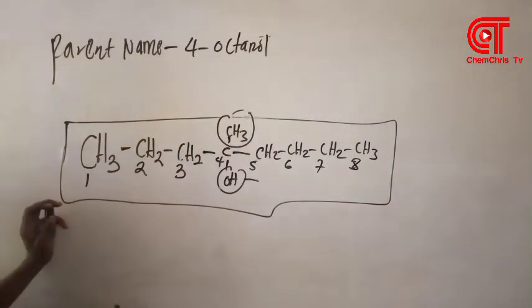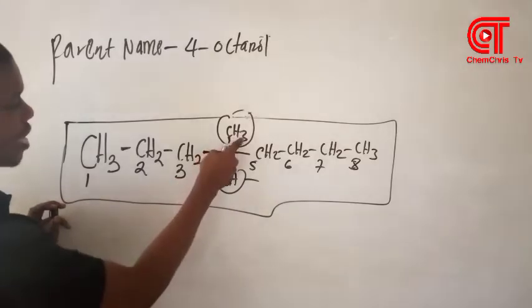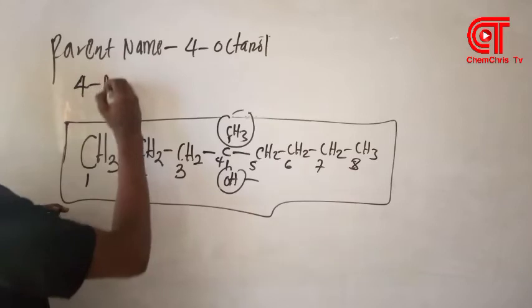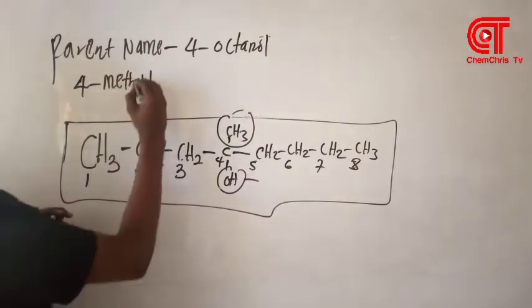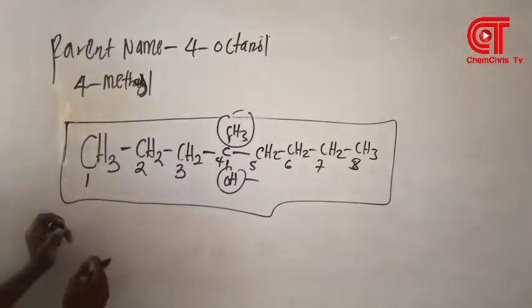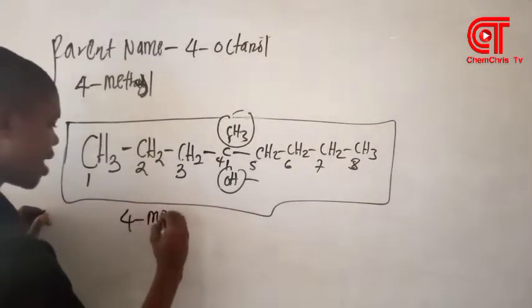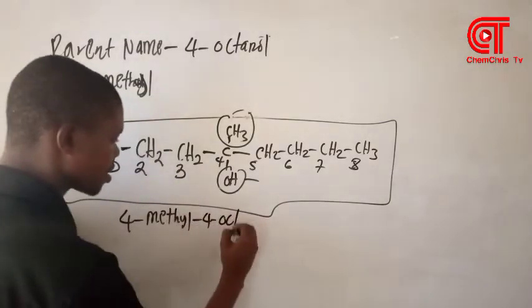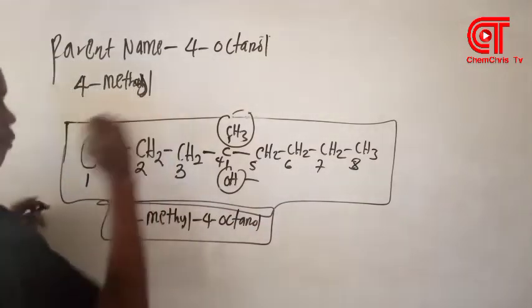Now the position number 4, the substituent here is methyl, at number 4. So it's going to be 4-methyl. You get, 4-methyl. So now the full name is going to be 4-methyl, then 4-octanol. That is the name of this compound here.